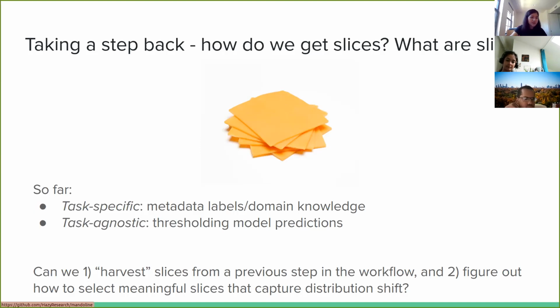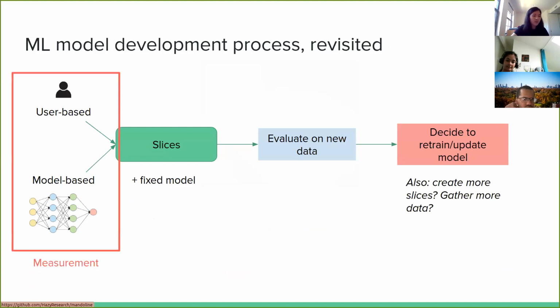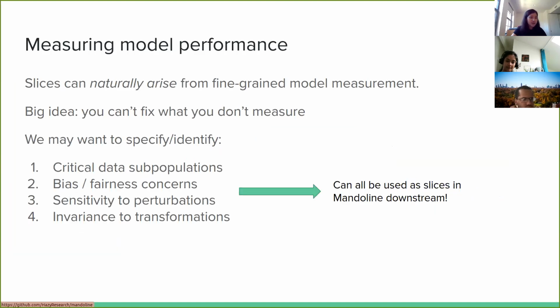So let's actually revisit this model evaluation pipeline, and I'll explain this diagram in particular. First, we find that slices actually naturally arise, whether handcrafted by users or extracted from models, in the measurement stage of evaluation. So let's talk about what work is being done in model measurement a bit more.